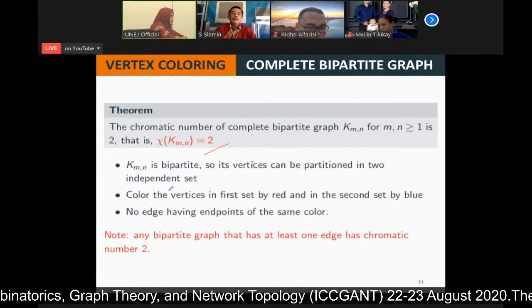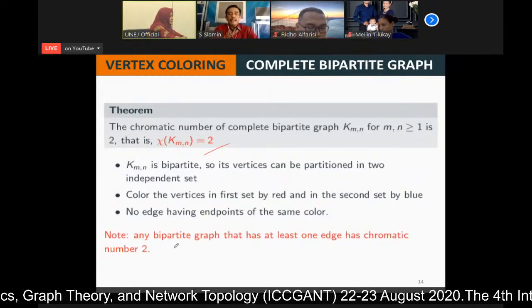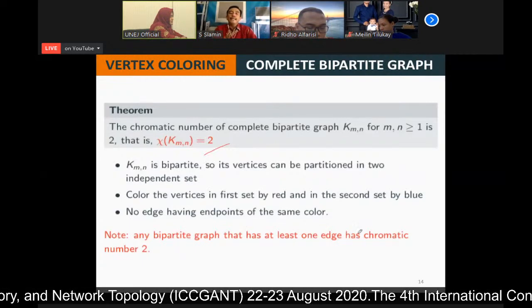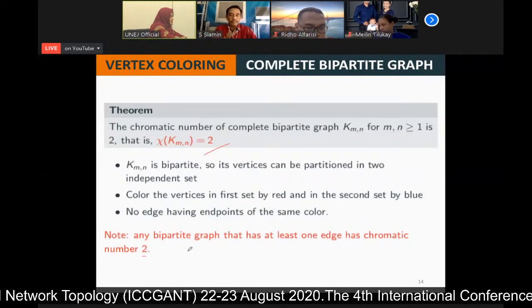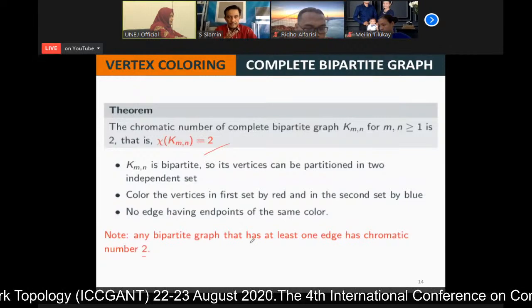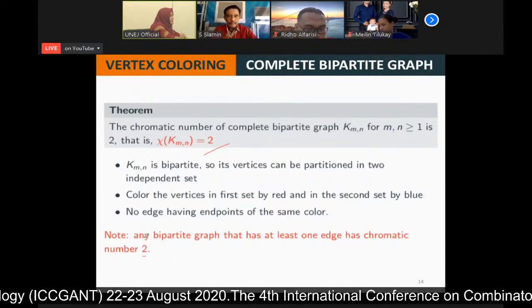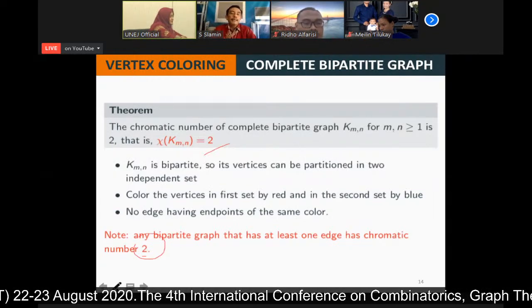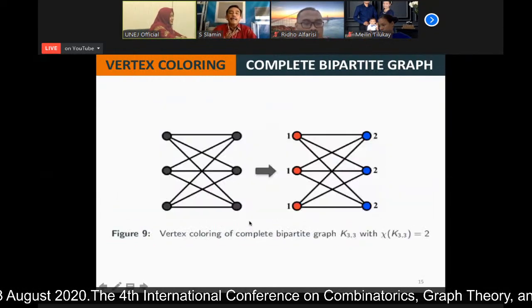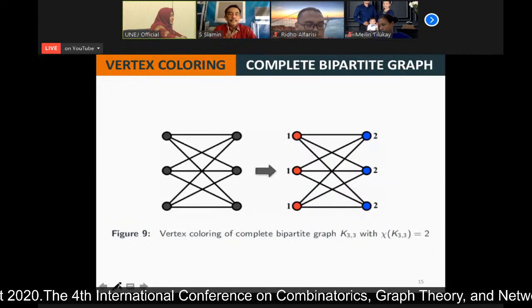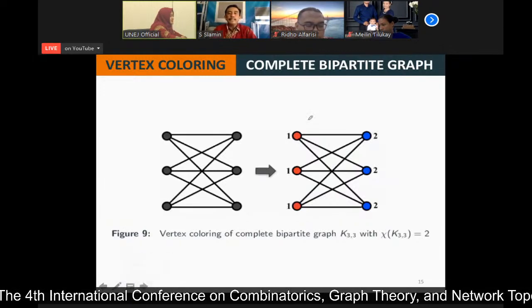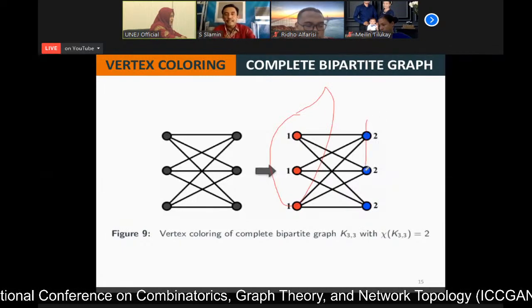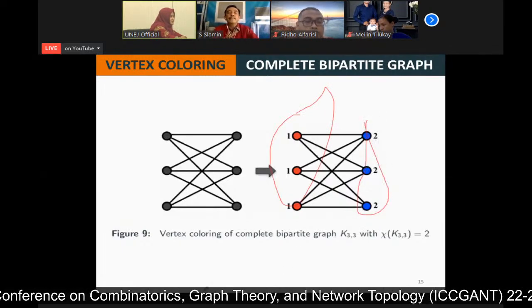In fact, any bipartite graph with at least one edge has chromatic number 2. I mean, if we have a bipartite graph, we always have chromatic number equal to 2. Okay, this is the example. You can see, I think it is easy to see. This is the first partition, and this is the second partition.